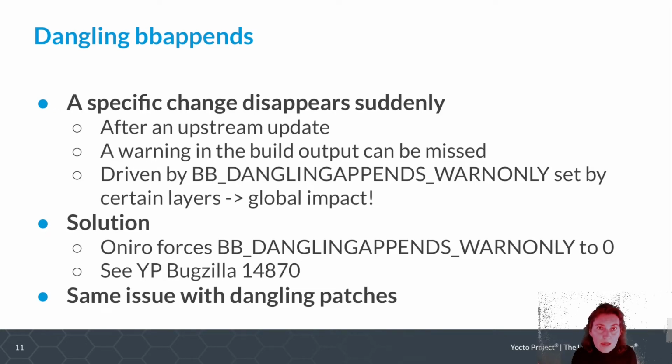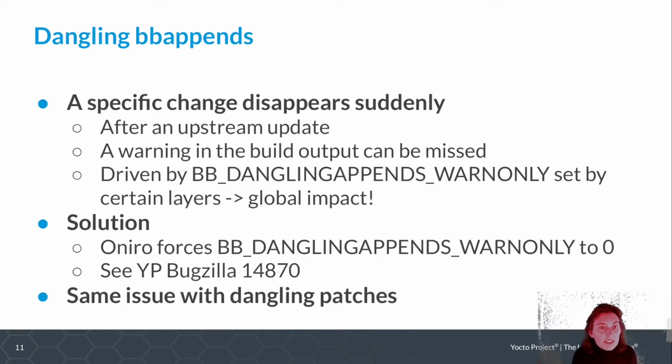Unfortunately, the version of the package has changed, and the bbappend has the direct version in its name, so it's not going to be applied on the updated one. This is called dangling bbappends that are not going to be applied to anything. And it has happened to us a few times that a regression came in because of that update that hasn't been applied.